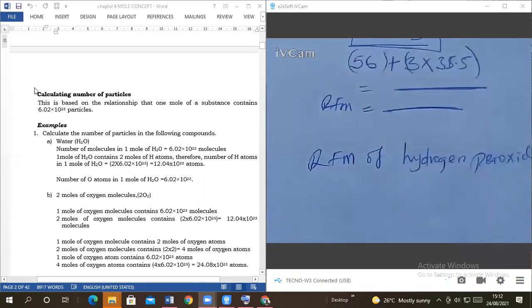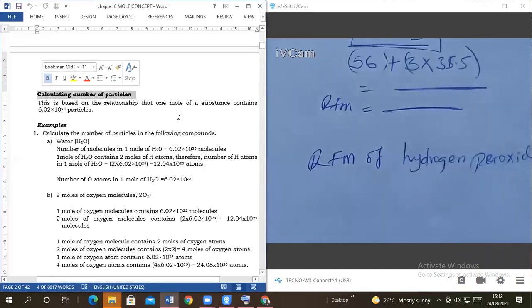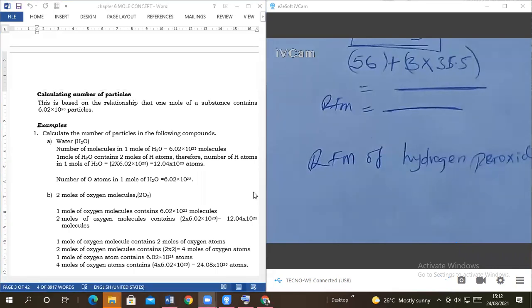Now, this is the first subheading we're having under the mole concept. It reads, calculating number of particles. So this is based on the relationship that 1 mole of a substance contains 6.02 times 10 to the power 23 particles.